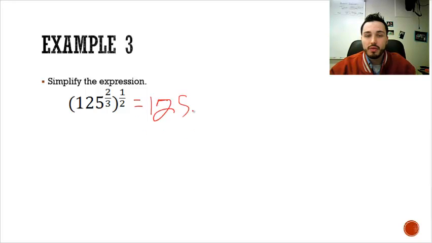notice I'm not dealing with the 125 yet. I'm just simplifying the exponent first. Well, 2 times 1 is 2, 3 times 2 is 6, and 2/6 simplifies to 1/3. So this is 125 raised to the 1/3 power. Okay, well, 1/3 power, I can rewrite that if I want.